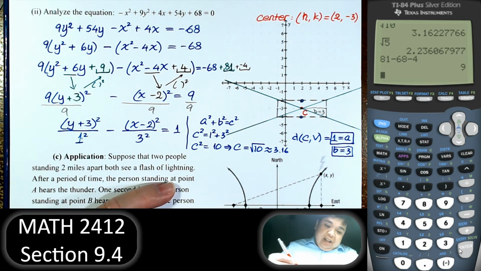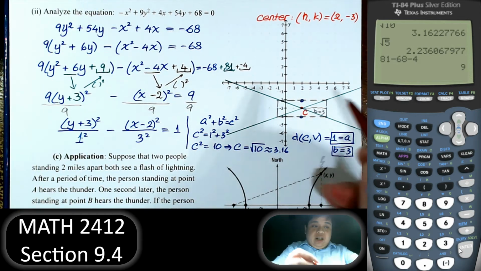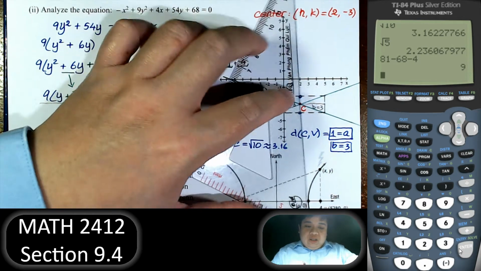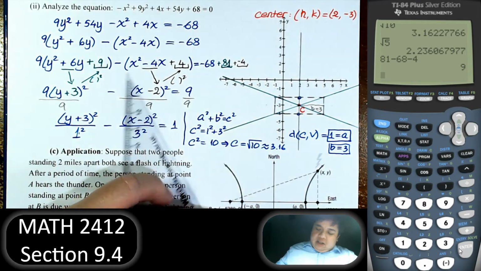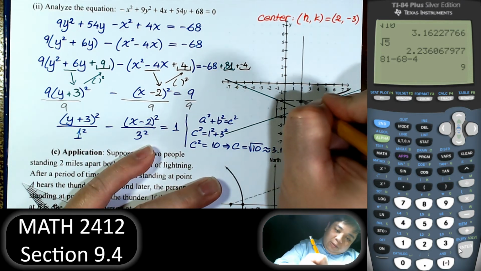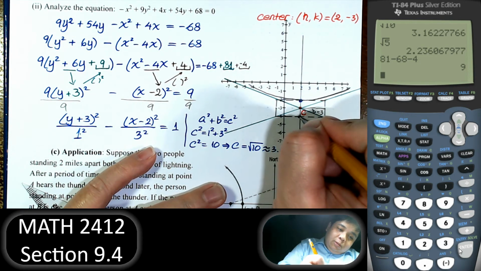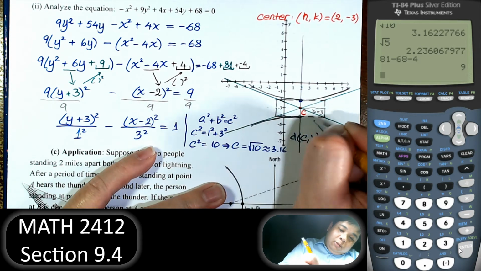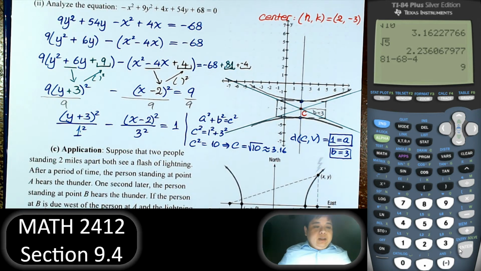So meaning that the two vertices and the center line up vertically. So we have a vertical transverse axis, and the hyperbola is going to be vertical. Right?